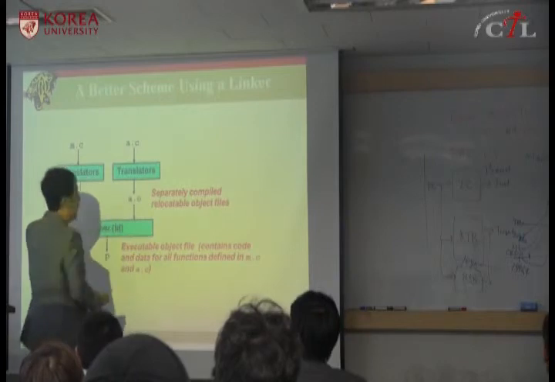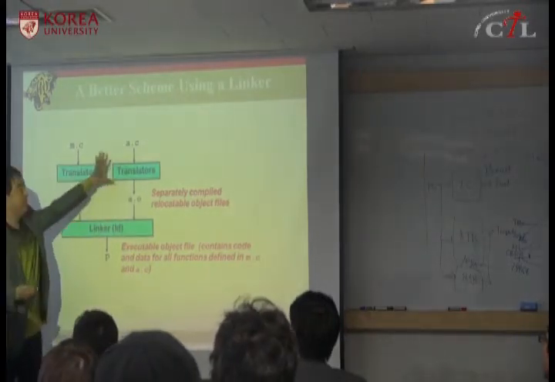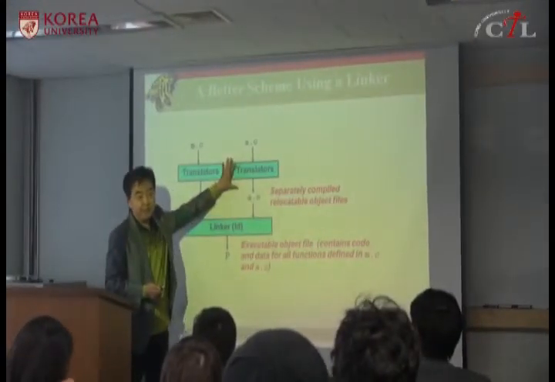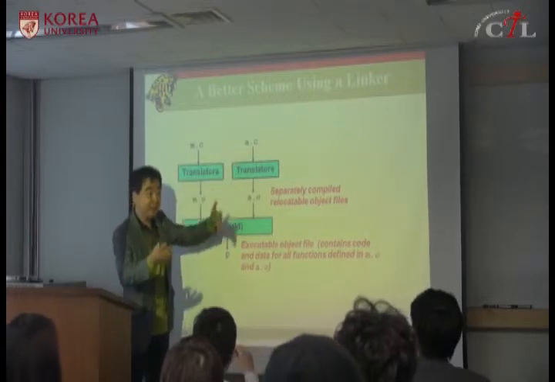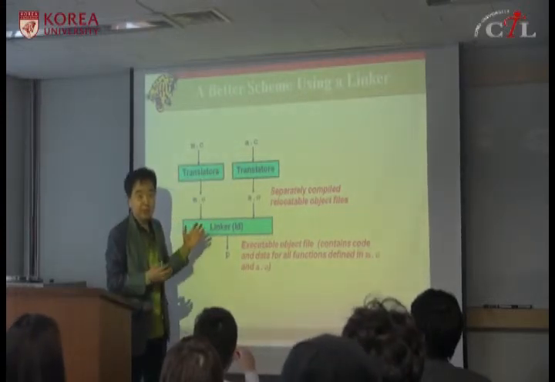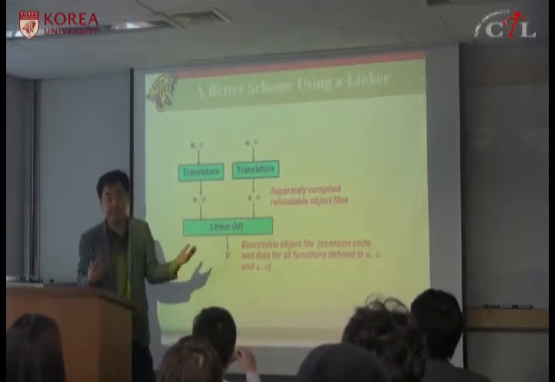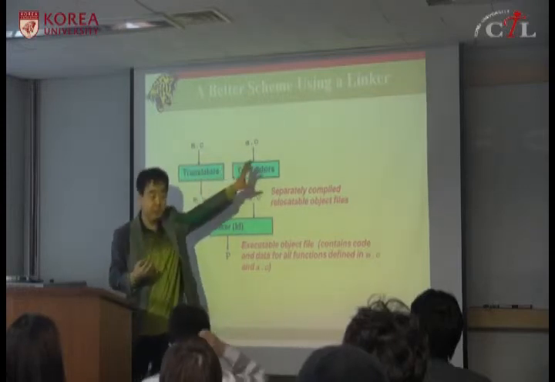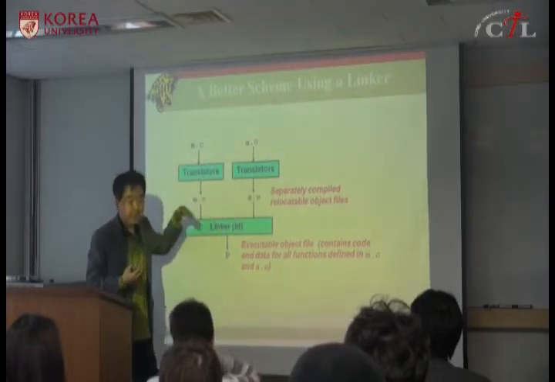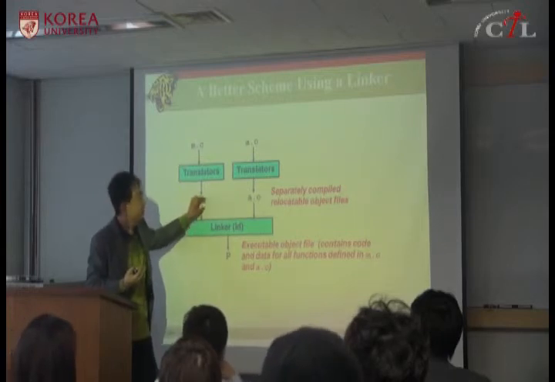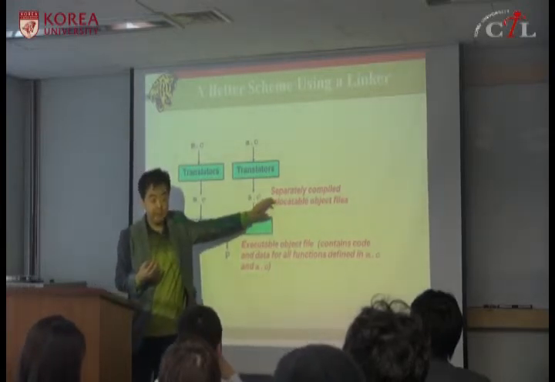So you do this separate compilation because if you have a single program file and you want to change something, then you have to recompile everything. If you want to share, you have to copy everything, which might be too big. So you decompose into different pieces, compile separately, and generate relocatable object files.